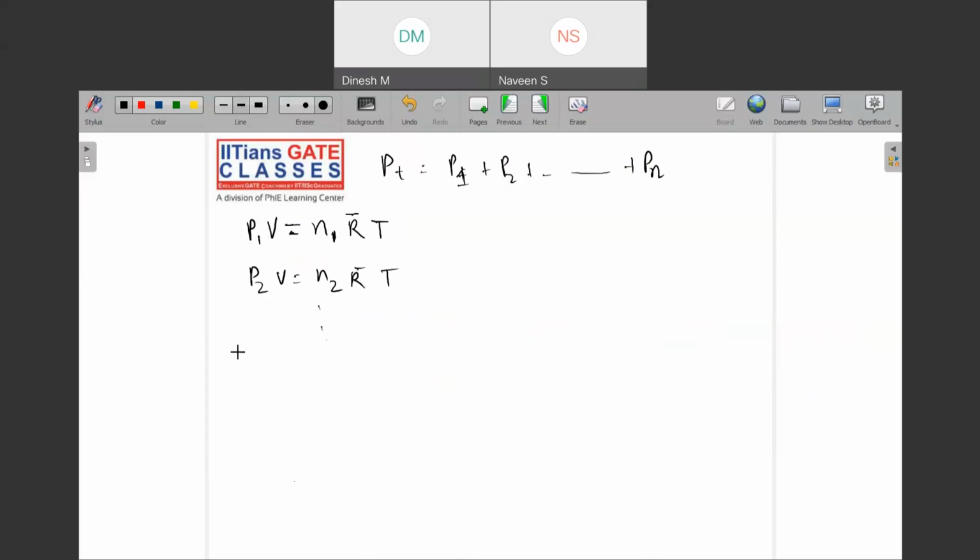Then when I take the sum of left hand sides and right hand sides, can I write P1 plus P2 till Pn into volume is equal to R bar T, which is common, into N1 plus N2 plus N3 till Nn?